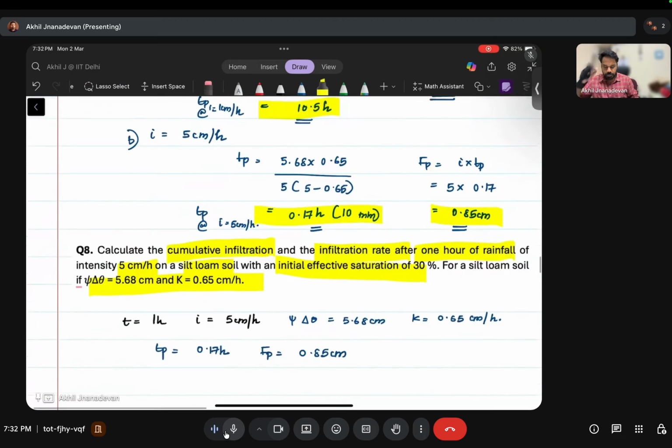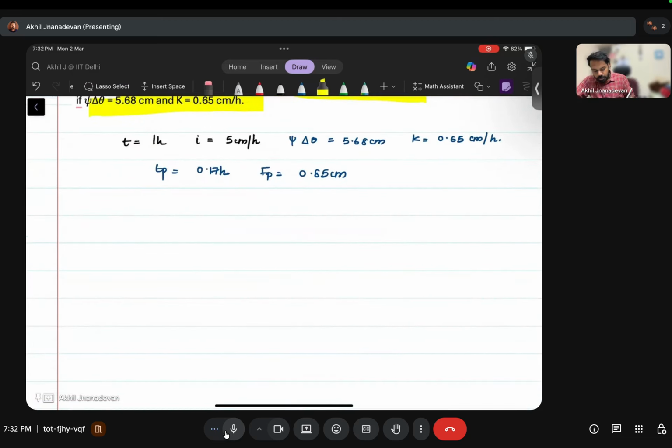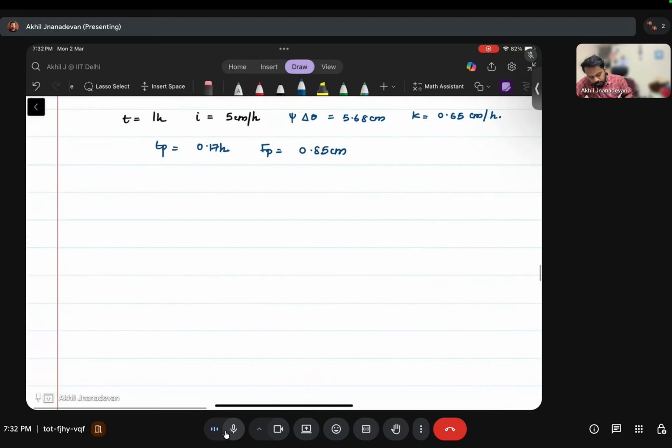Now I will write down the equation, when t is greater than Tp, that is after ponding.